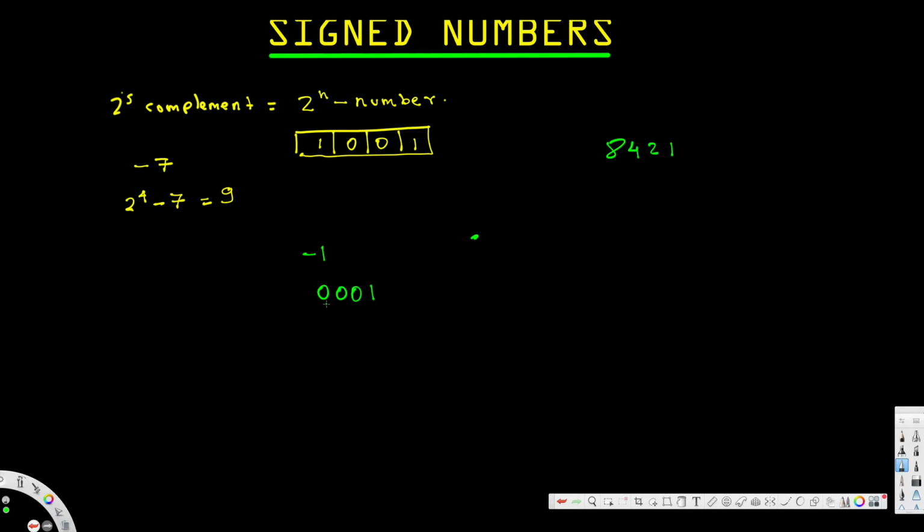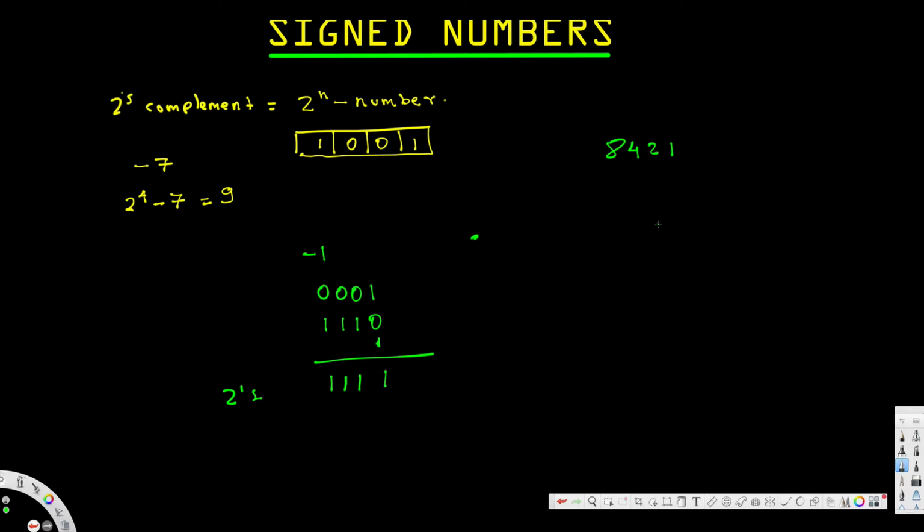And the 1's complement is going to be opposite of this one. So this is going to be 1 1 1 0. Wherever we have 0, we replace that one with 1. And wherever we have 1, we replace that one with 0. And to find 2's complement, we have to add 1 to the 1's complement. That's going to give us 1 1 1 1. So this is the 2's complement.